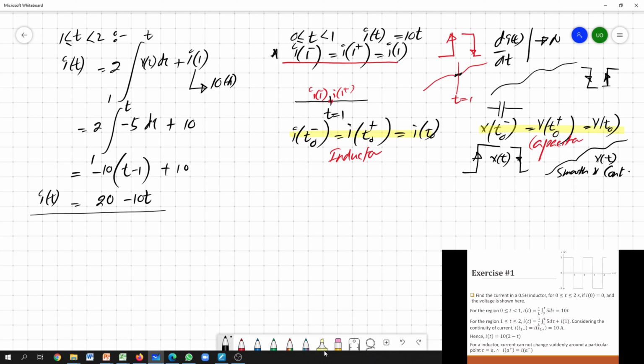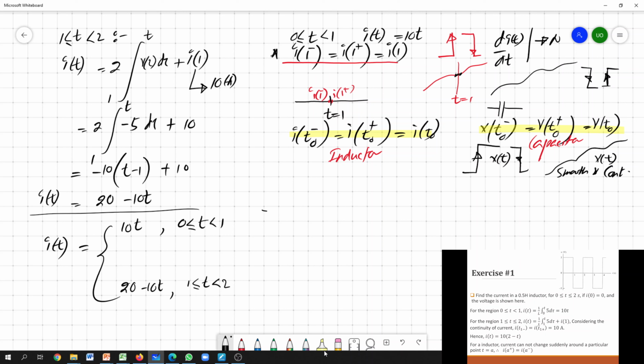If you summarize this, the current equals 10t during this interval and 20 minus 10t during this interval.